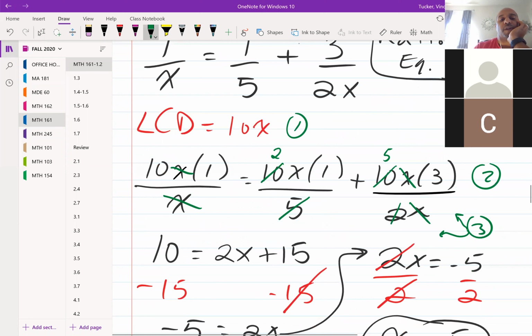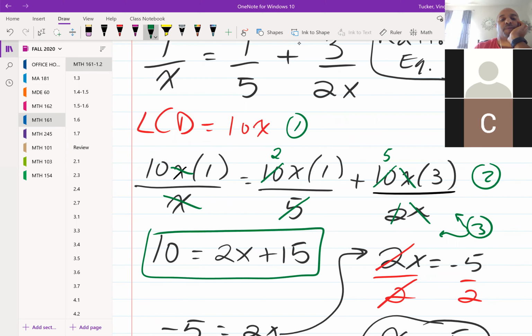So we're talking about our most simplified expression now. 10 times 1, which is 10, equal to 2x plus 15. So this is our most simplified expression after we multiply each term by the LCD.